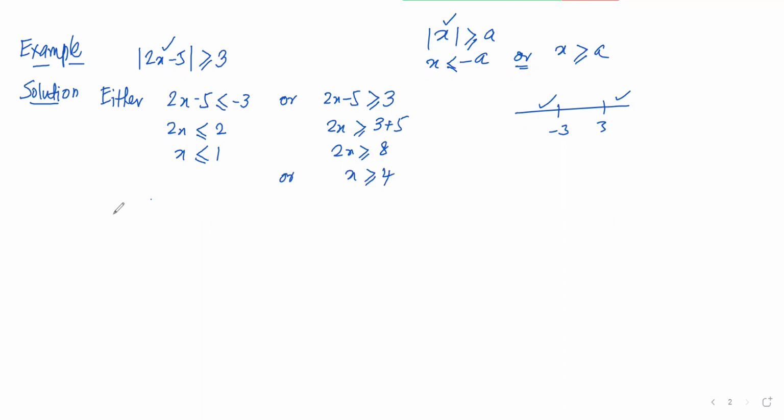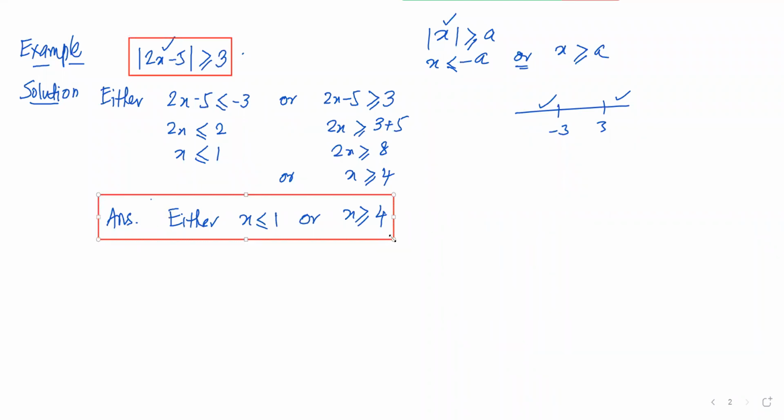So the solution for this question is either you take numbers less than or equal to 1 or x is greater than or equals to 4. So this is how you can solve the modulus inequality with greater than sign. Yes, the answer. This was type 1 or case 1 of the inequality.